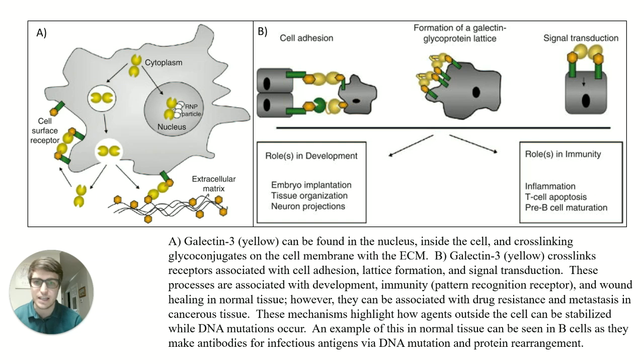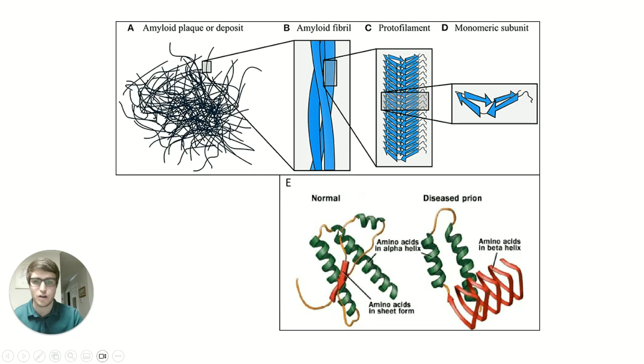However, once it's diseased, the conformations that that intrinsically disordered protein has, which it has many, change from mostly alpha helical to mostly beta sheet structures, which ultimately leads to these amyloid plaques being made.